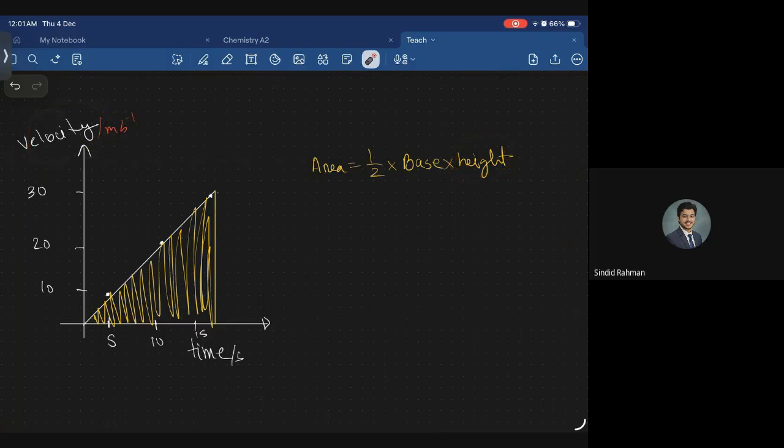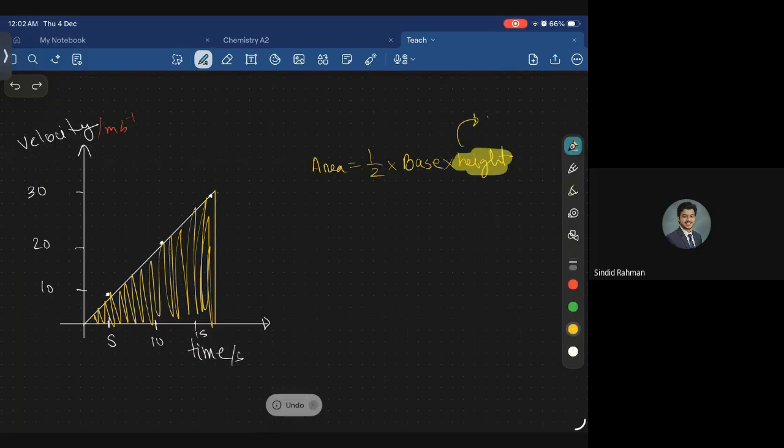As this is a velocity-time graph, this is the change in velocity from 0 to 30, right? So the height is basically the change in velocity, and the base is what?